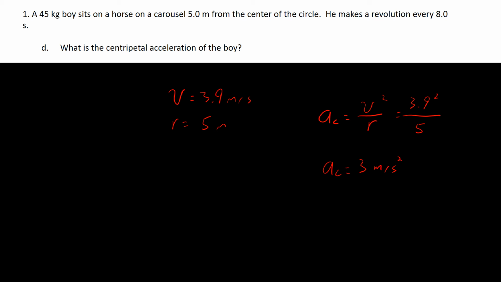Oh yeah, because the velocity is squared, that's right. You square meters per second and you get meters squared over seconds squared, but then you divide it by meters and it turns into meters per second squared. That's what's going on. So in case you're wondering if the units work out, they do.